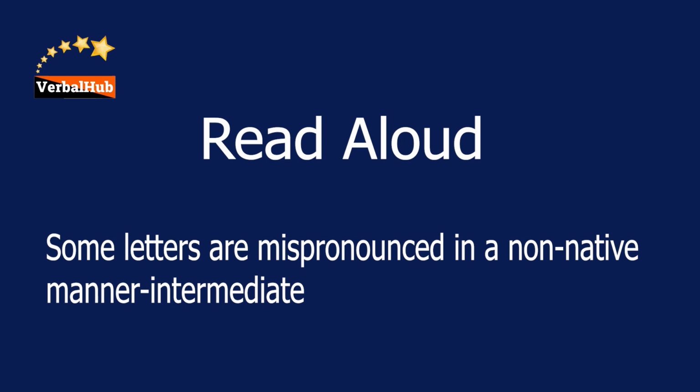If some consonants and vowels are consistently mispronounced in a non native like manner, at least 2 by 3 of speech is intelligible, but listeners might need to adjust to the accent. Some consonants are regularly omitted and consonant sequences may be simplified. Stress may be placed incorrectly on some words or be unclear. Then it will be considered intermediate.